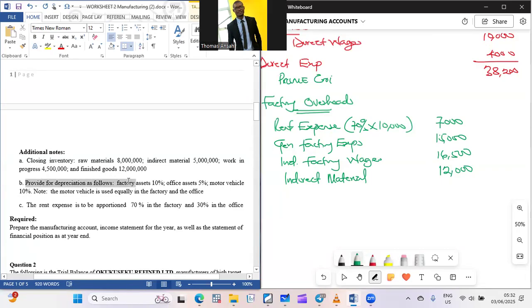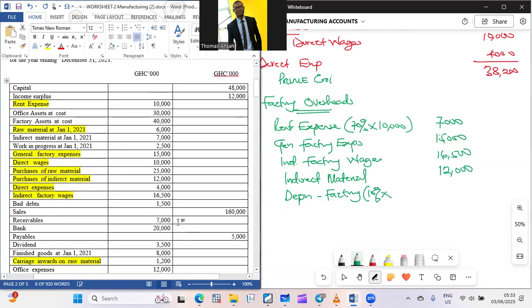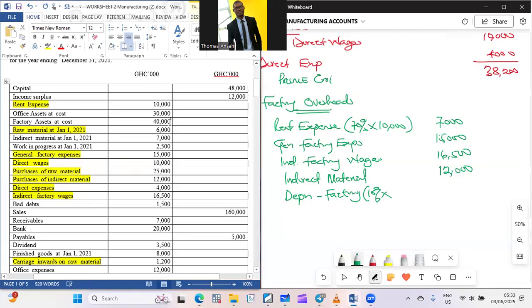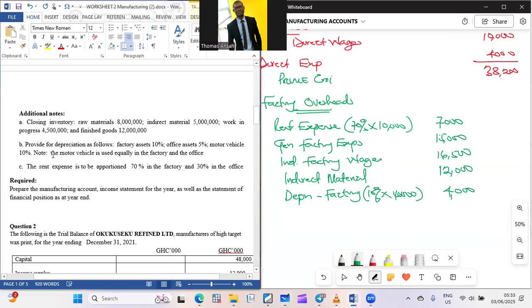So they told us that for depreciation to factory assets is 10%. So you know that as for depreciation, the part for the factory is not a portion. So the factory is 10%. So we do 10%. What is the value of the factory asset? Factory asset is 40,000. So 10% will give us 4,000, right? So we've done that. But not only that, they told us that the depreciation of the motor vehicle is to be split equally.